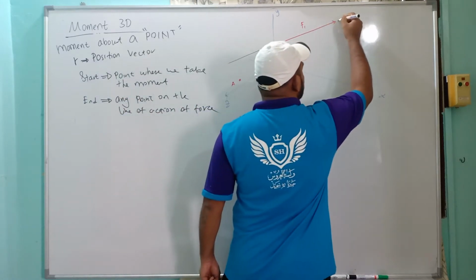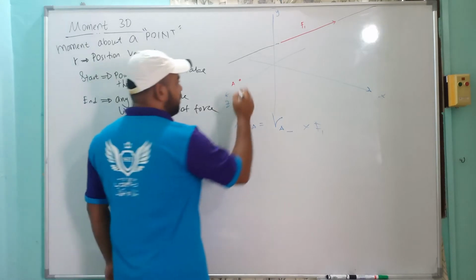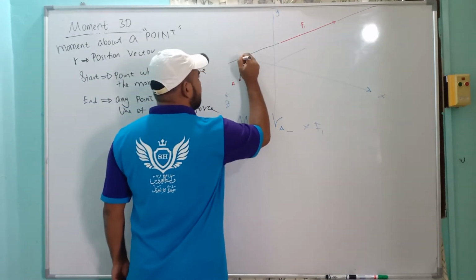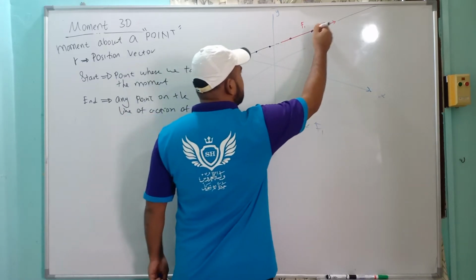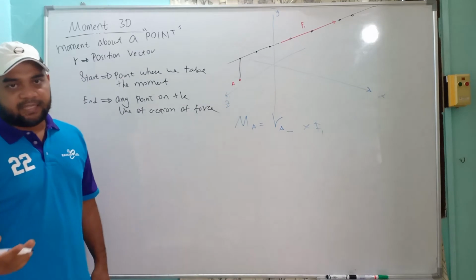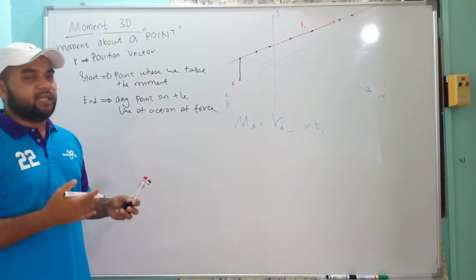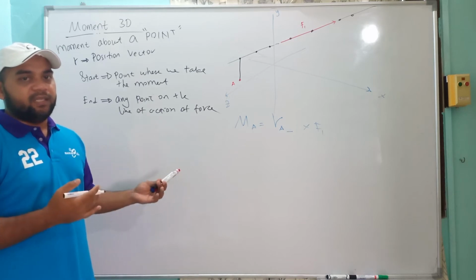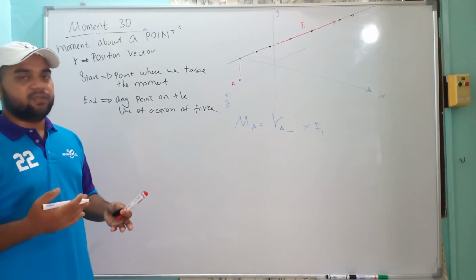The end point can be any point along this line. You will see when you do the exercises that some points are easier than others, where you can take the direction and how much distance from X, Y, and Z, so you have to choose wisely.